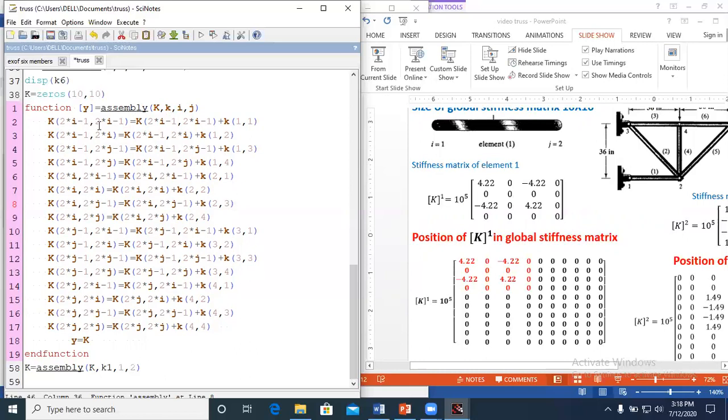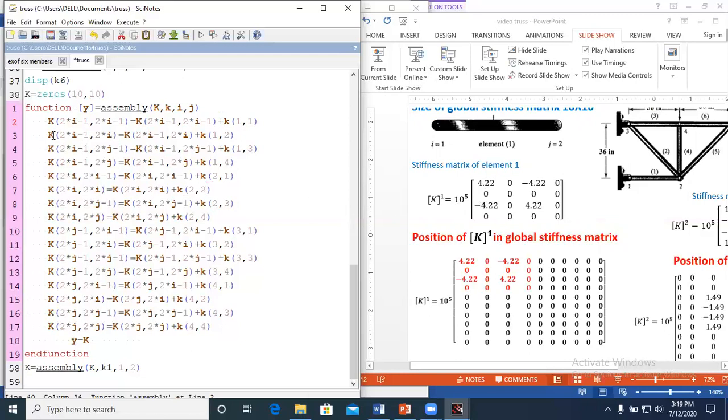K11 equals K11 of the matrix having 0 elements, this is 0, plus small k11, that means this term 4.22. K11 of this matrix is replaced by the first element of the stiffness matrix of element number 1.